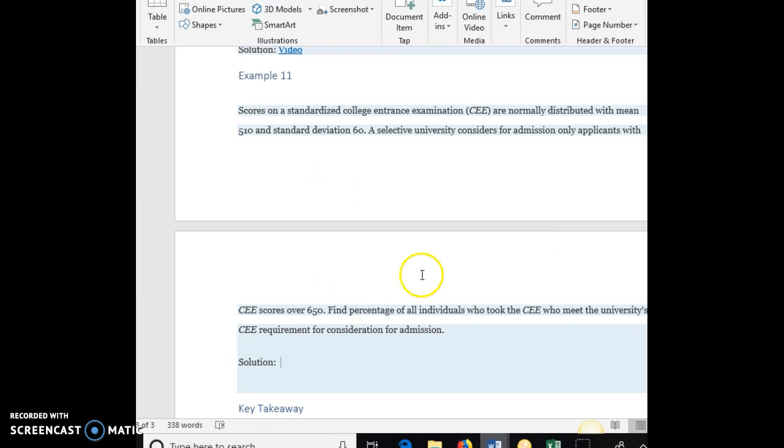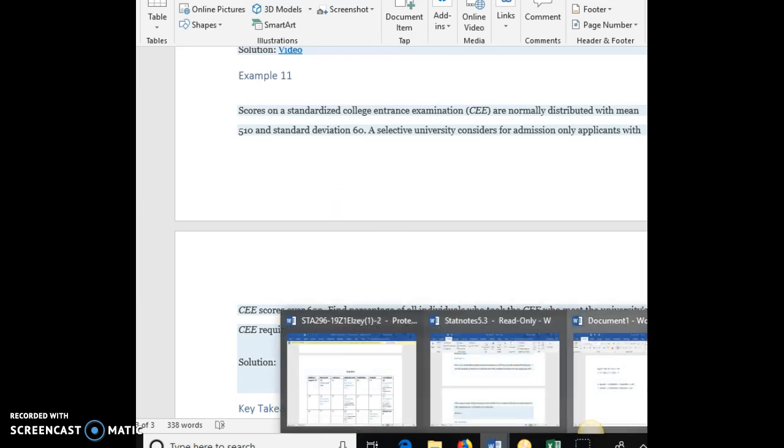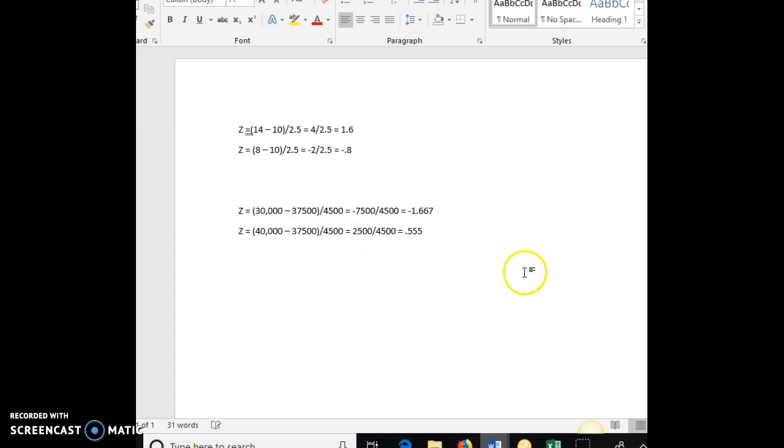All right, so let's convert our mean of 510 and our standard deviation of 60, and then we have 650 as our score. So go back here and let's just ignore what we had here for the last problem, and we're going to put in 650, oops, parentheses here, 650 minus 510 divided by the standard deviation of 60.